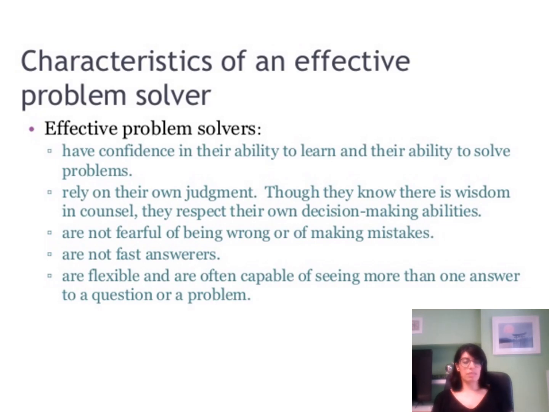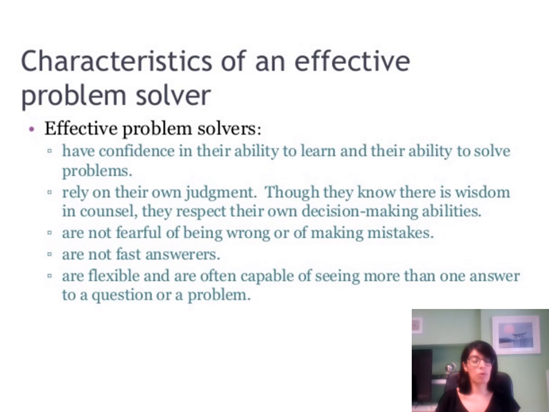Now let's look at some characteristics of somebody who's very effective at problem solving. So the first characteristic is that somebody who's very good at problem solving is able to have confidence in their ability to actually solve the problem, or at least be able to learn enough to solve the problem. They rely on their own judgment.